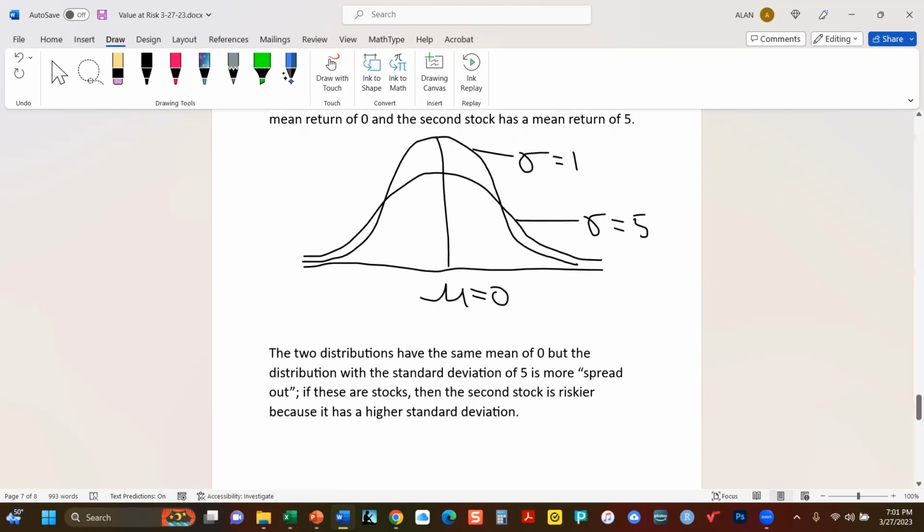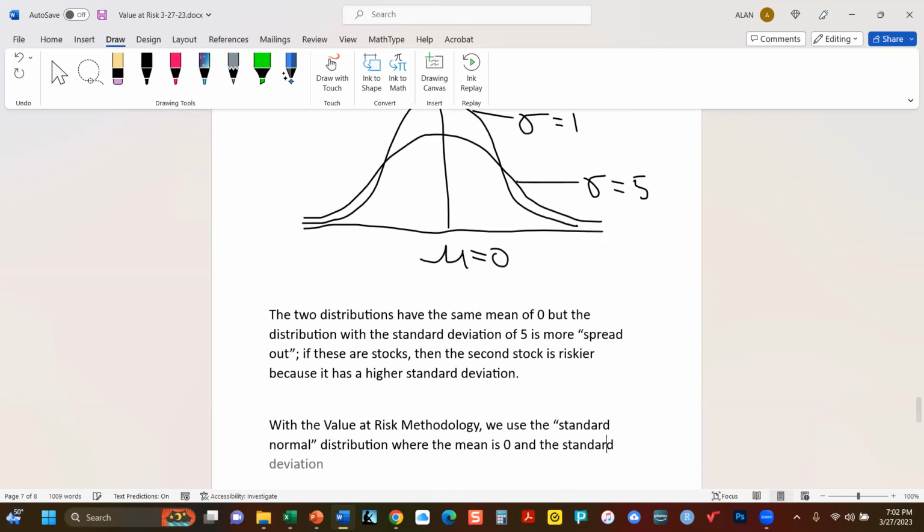Okay, now for the family risk methodology, we use the so-called standard normal distribution, which matters a great deal when we go to Excel, where the mean is 0 and the standard deviation is 1.